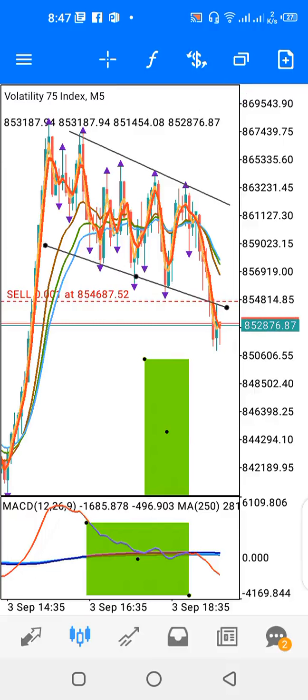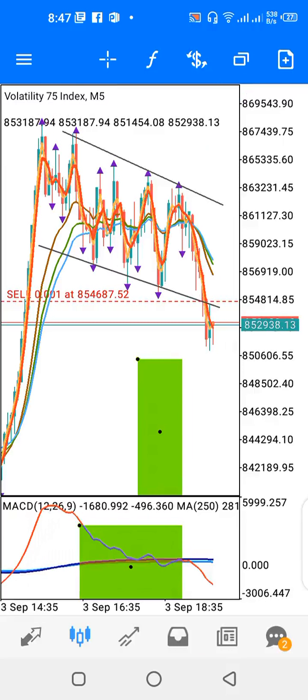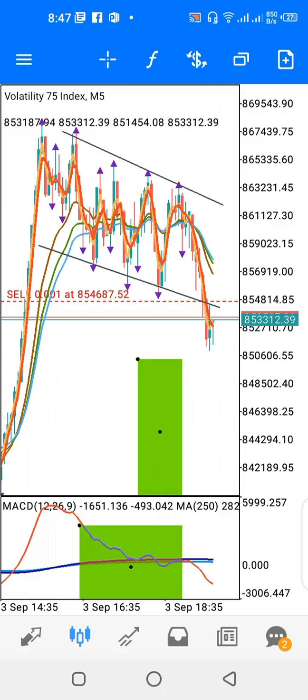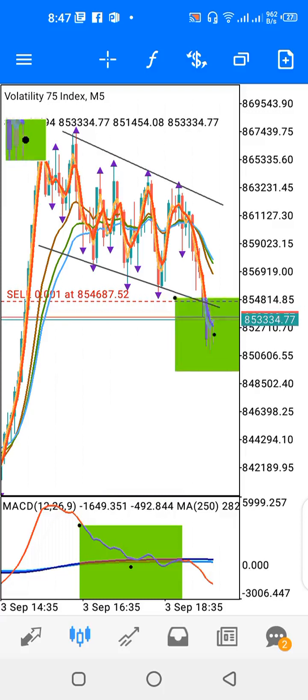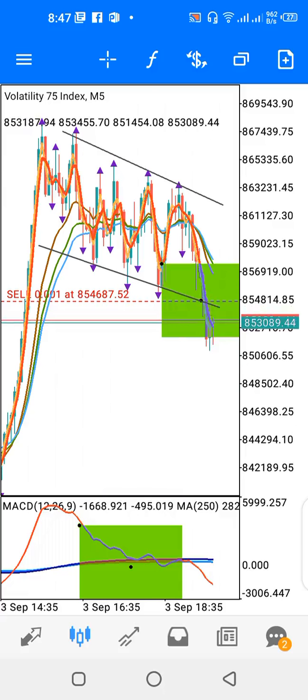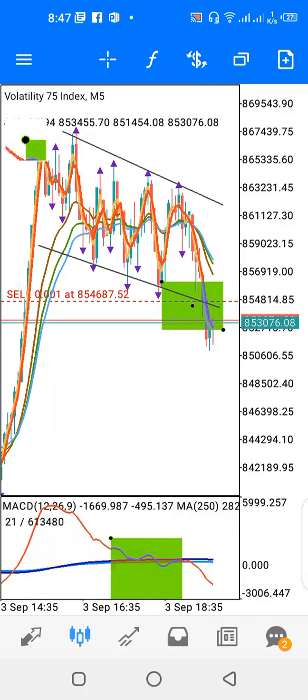Now in as much as you have your range boundaries, you have the upper boundary and you have the lower boundary, so you'll be looking at where there will likely be a range breakout. Like we have a range breakout here. At this point, you now combine the breakout point with what is happening on indicator window one.